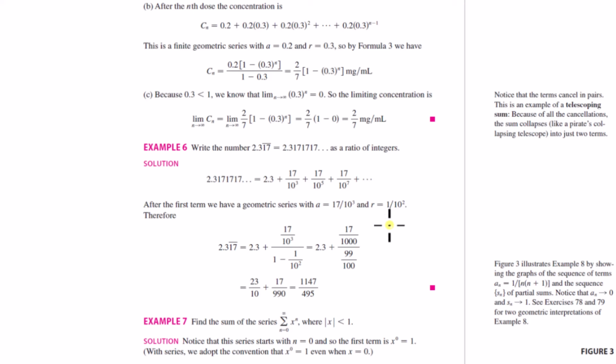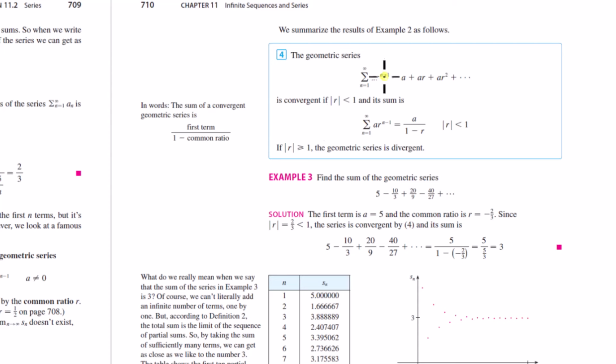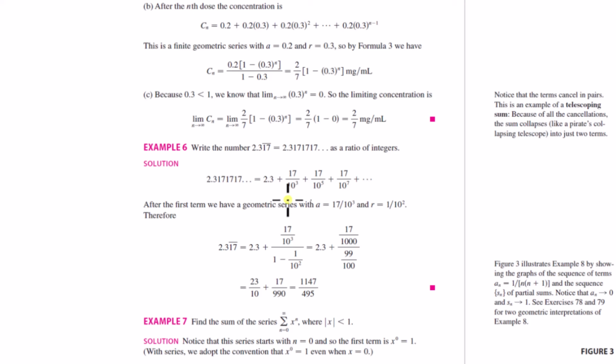And we just saw, if you write the geometric series in this form, the exact value of the infinite sum is the first term over 1 minus the common ratio. And that's what they put here, and so you get 23 over 10 plus the infinite sum, 17 over 990, and so there you go. That's exactly correct.